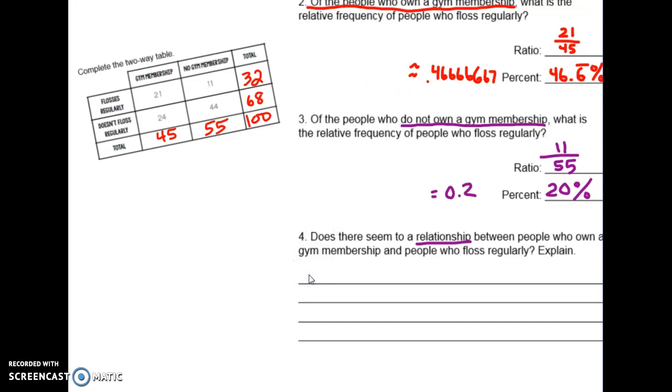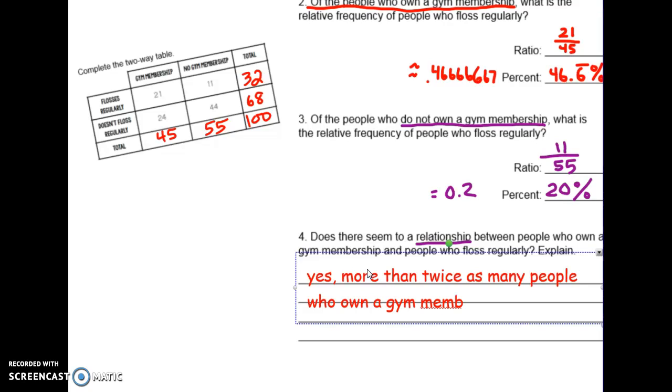So to answer the question, does there seem to be a relationship? I would say yes. It seems that more than twice as many people who own a gym membership floss regularly.